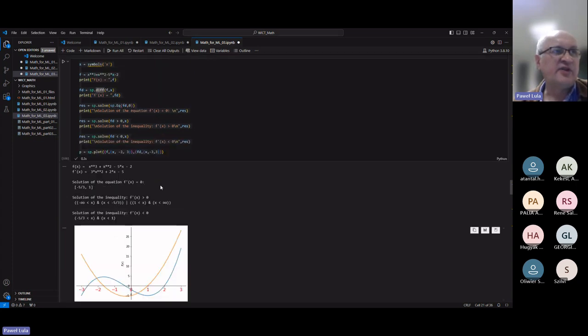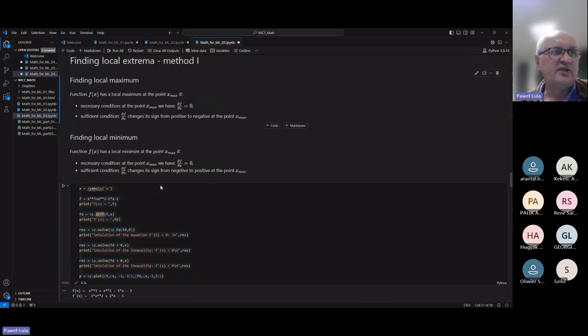Changing the sign from negative to positive is the rule which we use when we are going to find a local minimum. So for a local minimum, the first derivative must be equal to 0. It is a necessary condition, and the sufficient condition says that the first derivative changes its sign from negative to positive at this point.